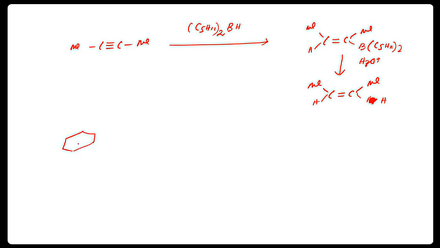Let's say these things. So what will happen? (C5H11)2BH. We have two double bond sites, but as this is a bulky boron derivative, it will always prefer the less hindered site. So it will come selectively from this side. So it's chemoselective. It prefers the terminal double bond.